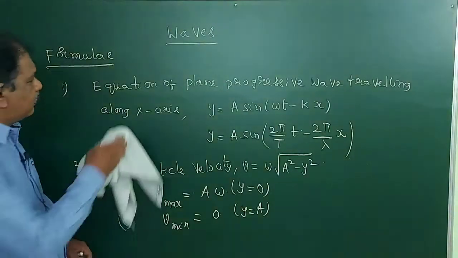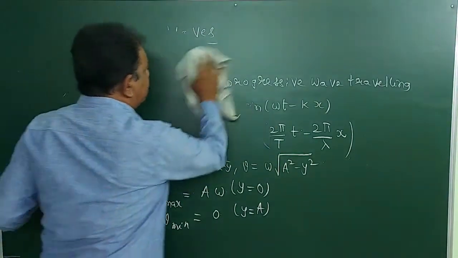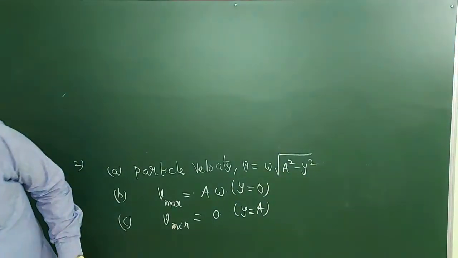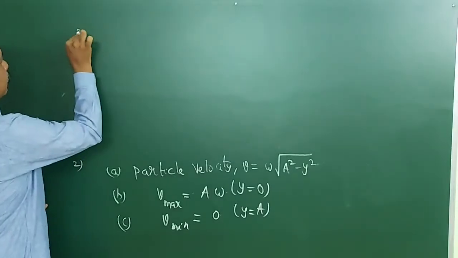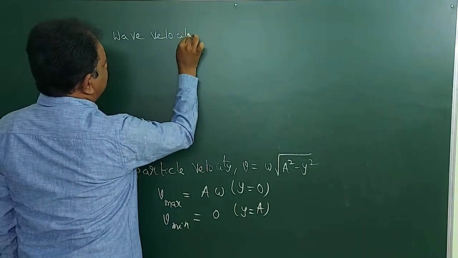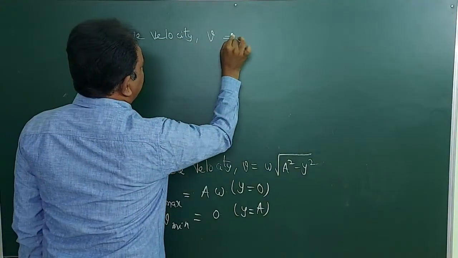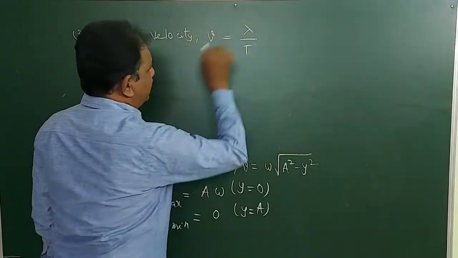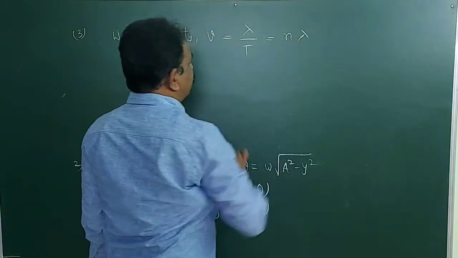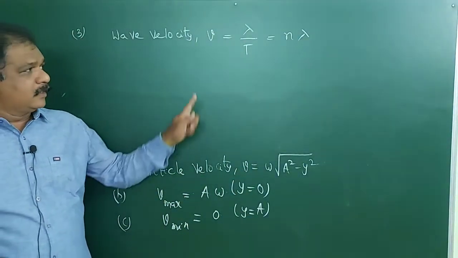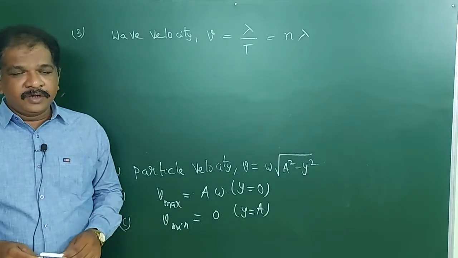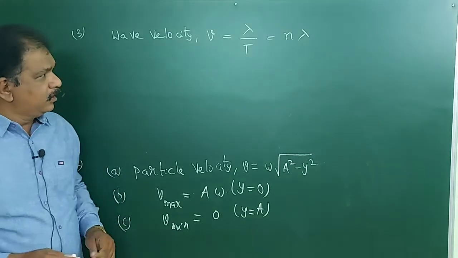Okay. Next, what is the formula for wave velocity? This is particle velocity. Next, wave velocity: v = λ/T. This is equal to nλ, where n will be the frequency. This formula we will use there. You can use symbol f or symbol n for frequency.